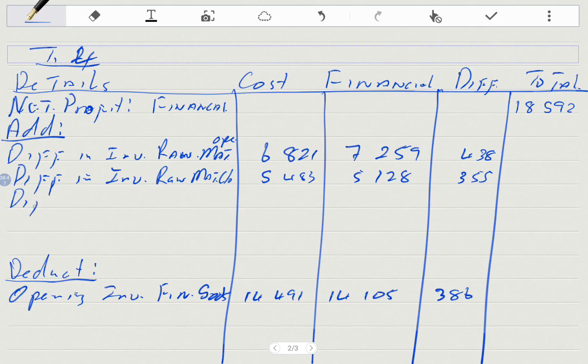So again you say, okay, I've got a difference in closing finished goods. You have 12,130 and 11,831.